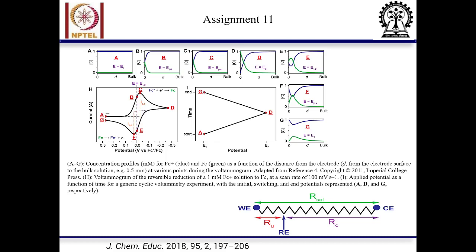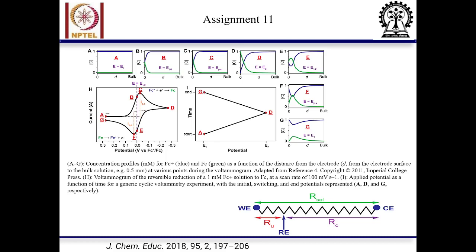So suppose one electron transfer is happening, Fc plus, the ferrocenium ion, taking one electron is going to the ferrocene. This is the standard reduction reaction. So suppose what happens at A is equal to 0. What is the concentration of ferrocenium? It will be 1 and there is no Fc. So this is 1 and this is 0.